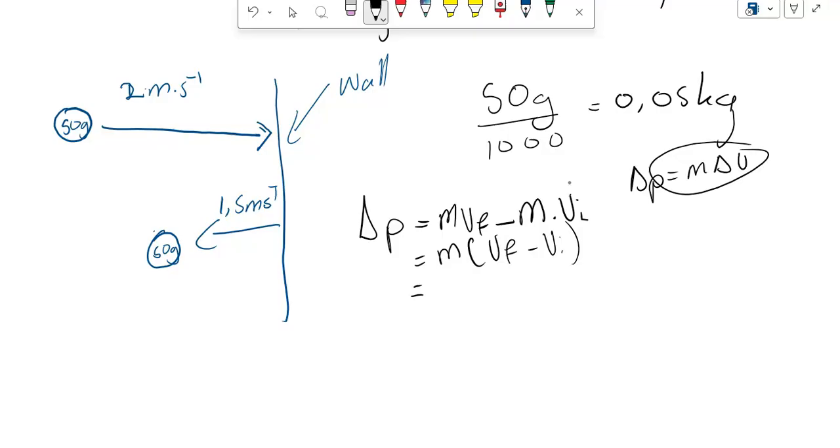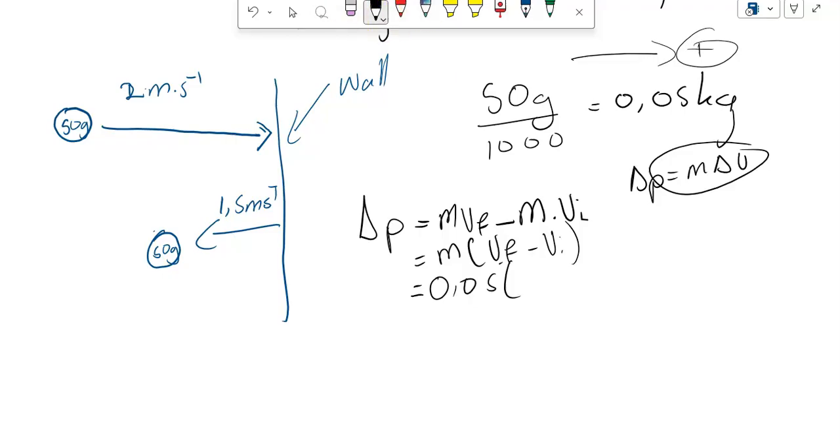Alright, I have my mass as 0.05. My final velocity, my ball, let me explain again. My ball was thrown in this direction, it hits the wall, and it moved back at a speed of 1.5 meters per second. I'm emphasizing this again. You must always choose a direction. So I'll just choose right as positive.